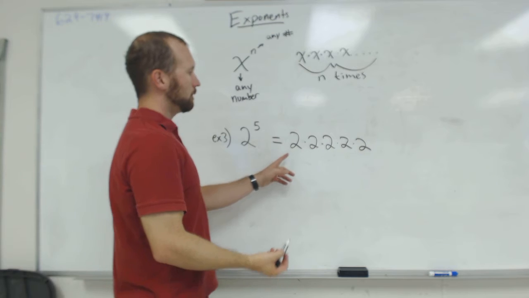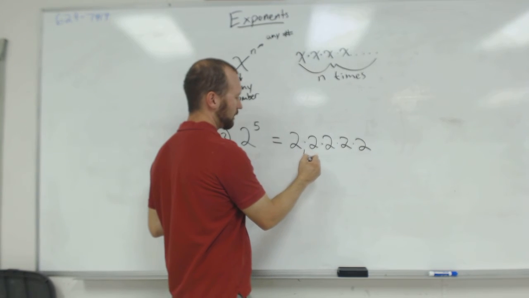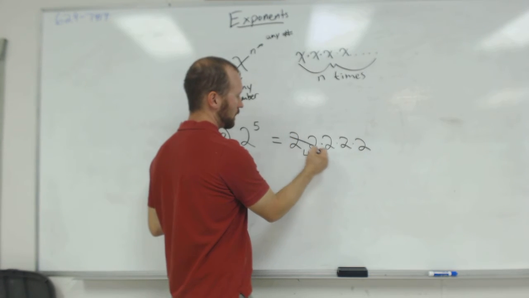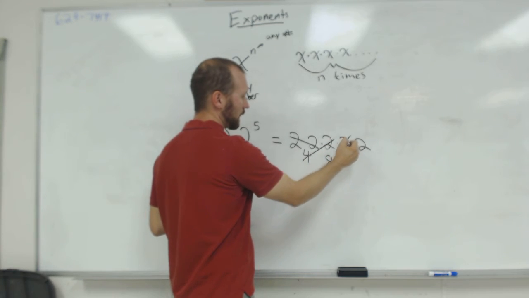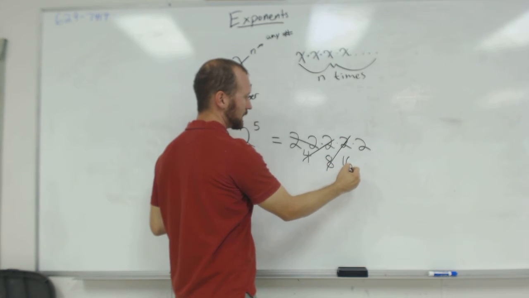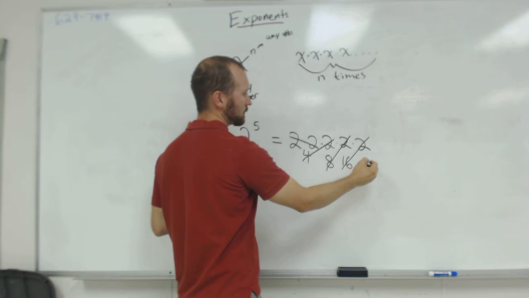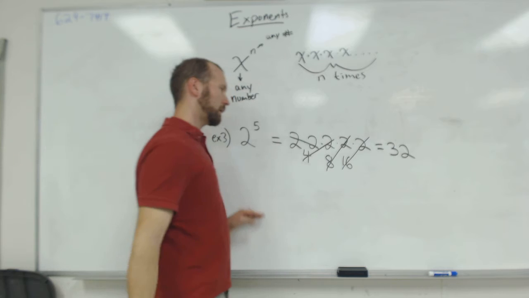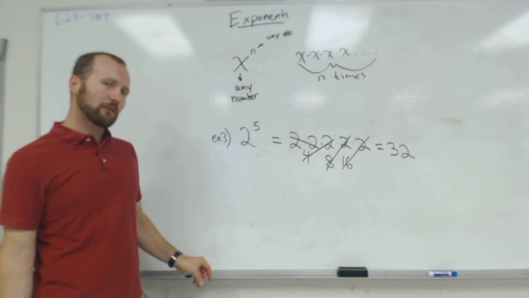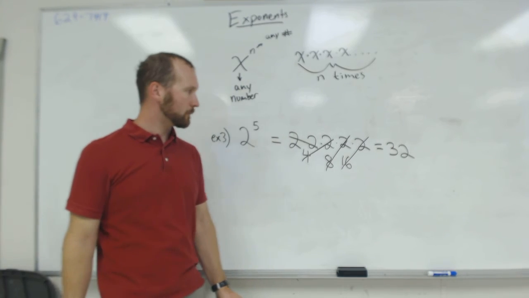So 2 times 2 is 4, 2 times 4 is 8, 8 times 2 is 16, 16 times 2 is 32. So 2 to the 5th power is 32.